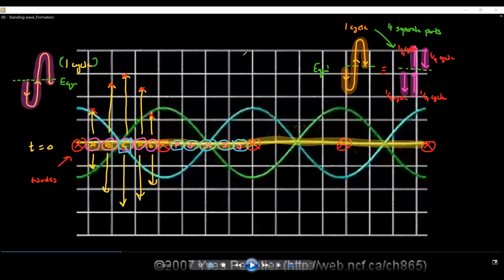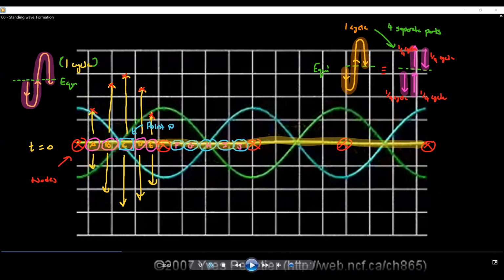So let me use an appropriate color. Let me choose a more striking color here. Maybe I'll just choose light blue for this. Okay, so let's just consider this to be our point P from the question that was about to move down when the entire string was horizontal.